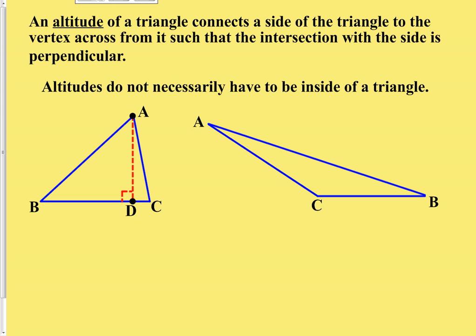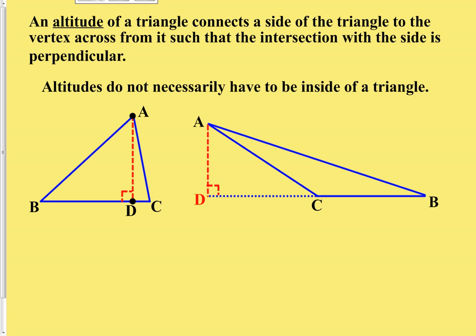However, if you're dealing with an obtuse triangle like this one, it may be impossible for an altitude to actually be inside of the triangle, but the definition must hold true. It needs to be perpendicular to a side and make contact with the vertex that is across from it.